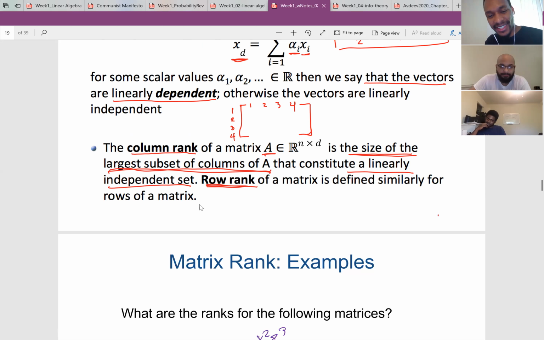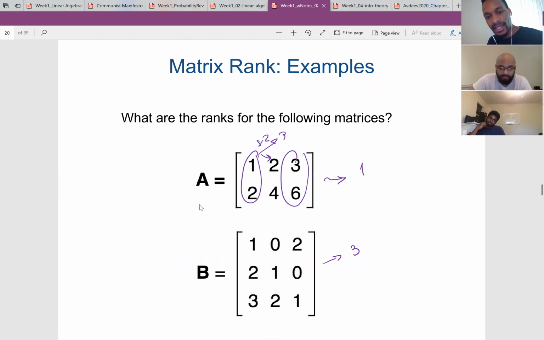Okay, so we have this. So yeah, what are the ranks of the following matrices? So for example, you can represent 3, 6 by just scaling 1, 2 by 3, and you can represent 2, 4 by scaling 1, 2 by 2.